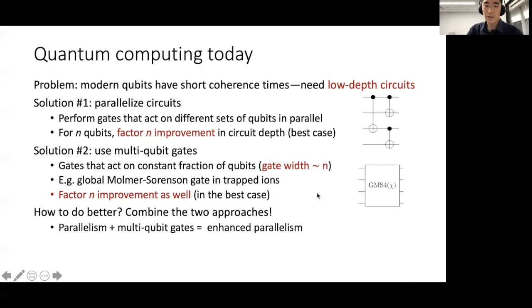So now either of these solutions are good, but we can do better. And it turns out there's actually a way to do better, by combining these two ideas. And that's by taking your plain old vanilla parallelism and adding in multi-qubit gates to it to get an enhanced parallelism.